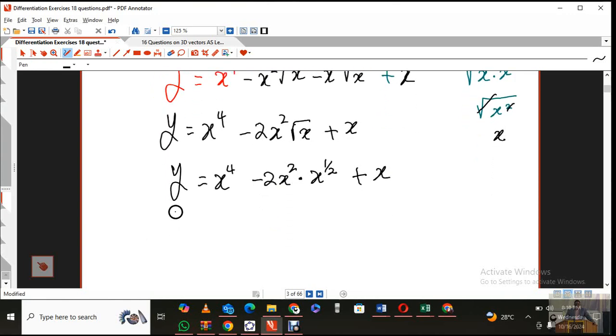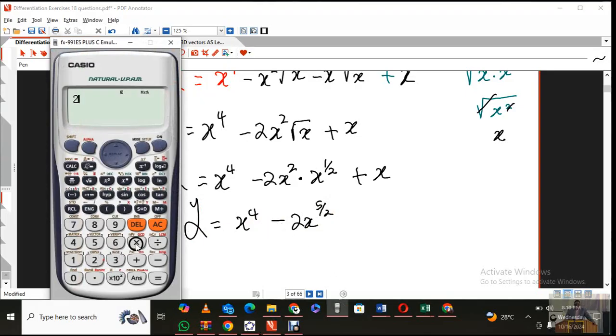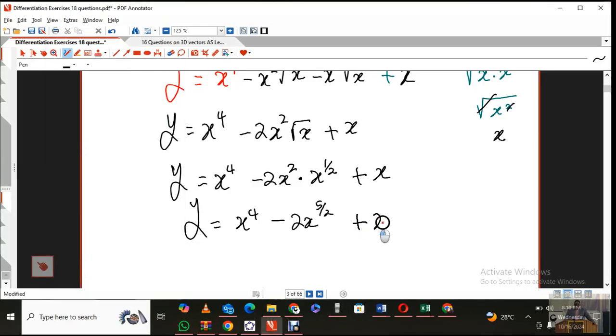So this eventually gives me y equals to x to the power 4 minus 2x raised to the power 5 over 2. Remember, 5 over 2 comes from nothing but saying 2 plus 1 half. Okay, that's 2.5 or 5 over 2. Okay, plus x over there.